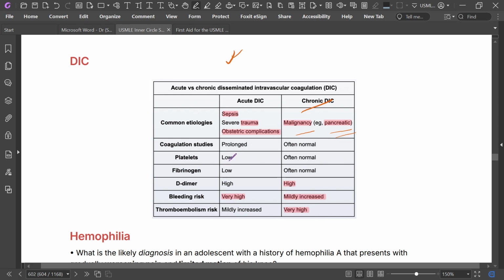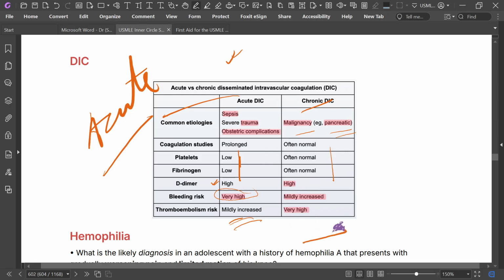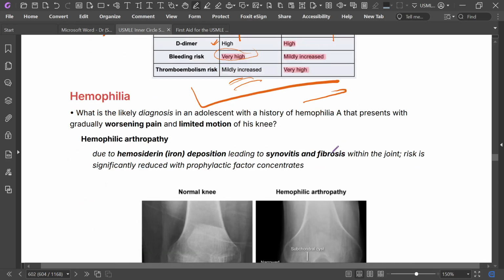Platelet count is low and fibrinogen is low in acute, but in chronic they are normal. D-dimer is high in both acute and chronic. Bleeding risk is very high in acute DIC, but mildly increased in chronic DIC, where thromboembolic risk is the concern.